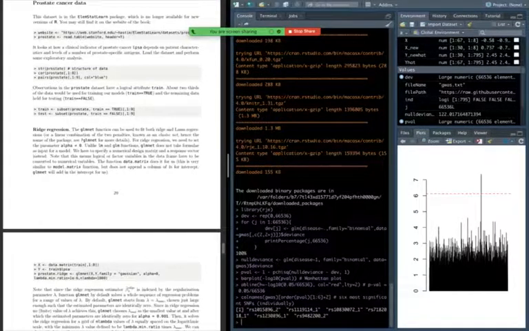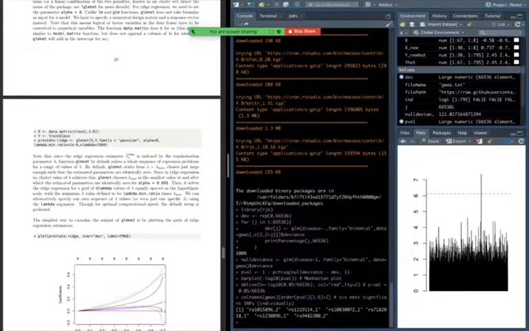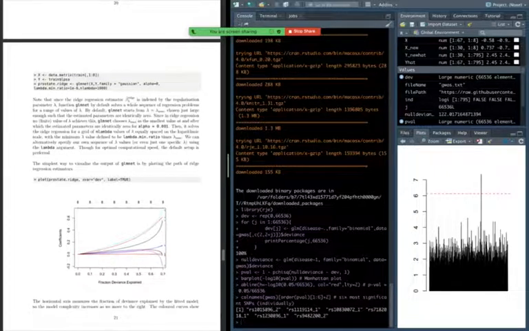So I can comment on some things here, but does anyone have any questions about this bit?